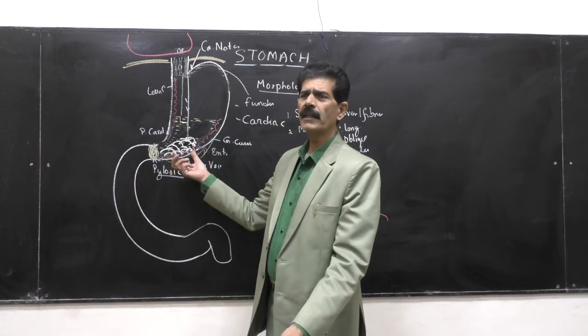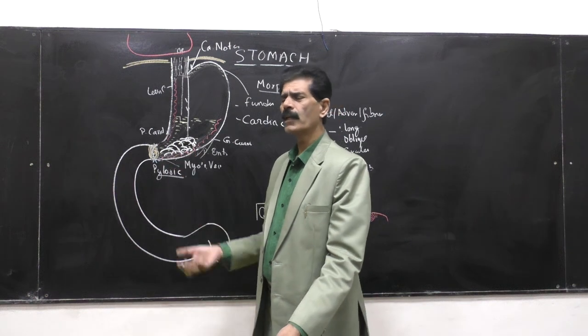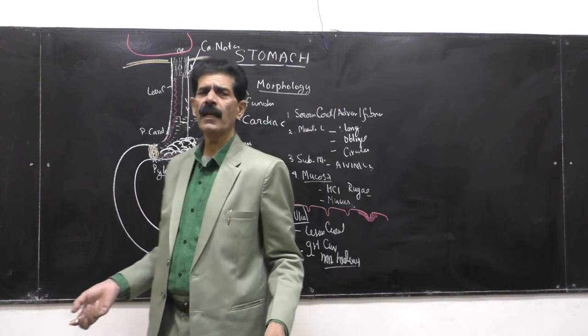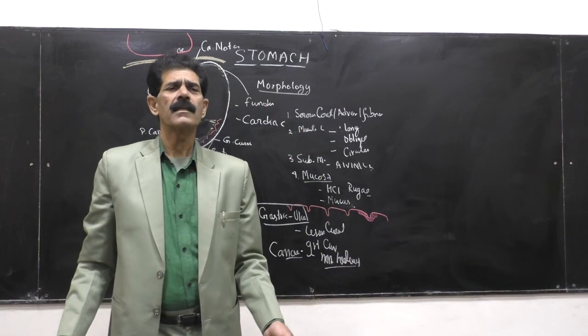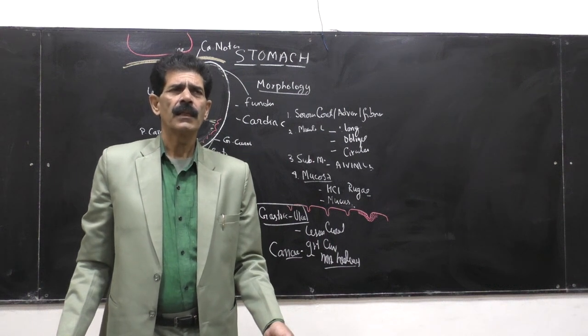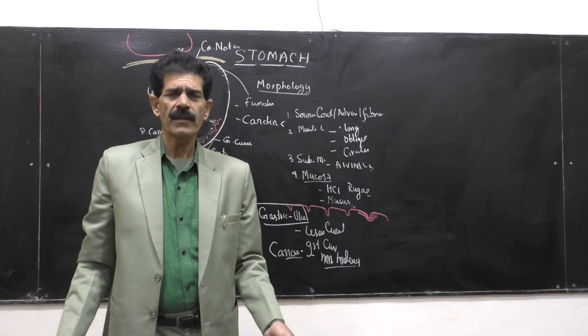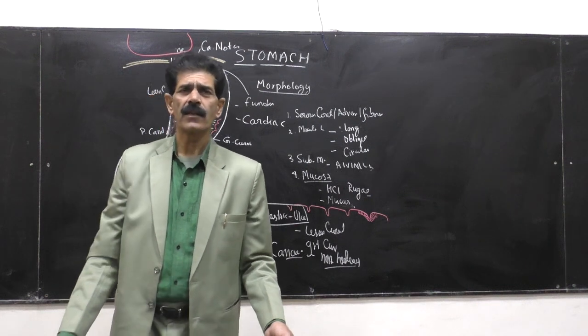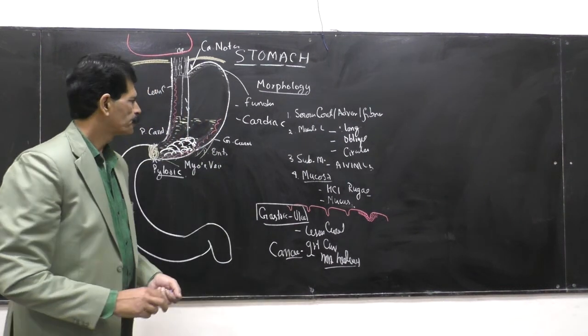That hinders the healing process and leads to the non-healing ulcer, which is called the cancer of the stomach. So this is the explanation for why the lesser curvature is prone to gastric ulcer, and the greater curvature mucosa is exposed to cancer of the stomach.